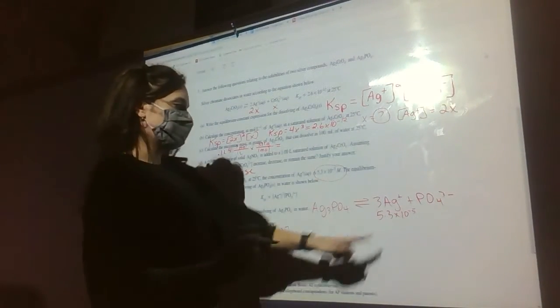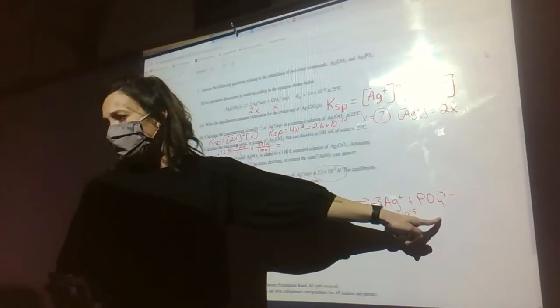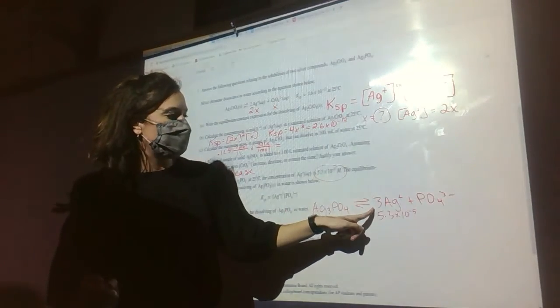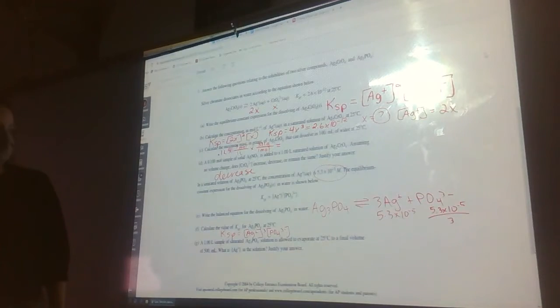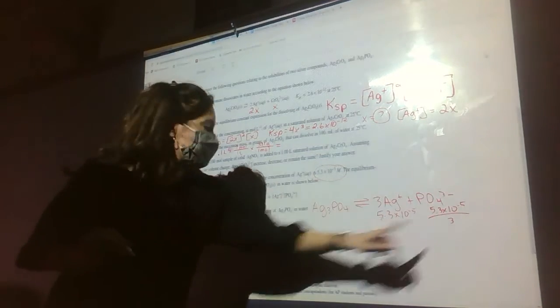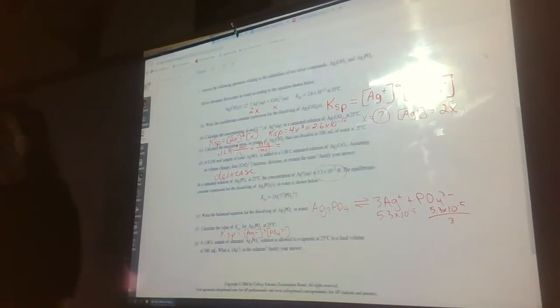Yeah. So phosphate, because it's a 1-to-3 ratio, is a third of that. And then I just plug those two numbers in here and get a really small number. Something times 10 to the negative 12, I think. Maybe bigger than that? Smaller than that? Not smaller. Okay, I don't know.